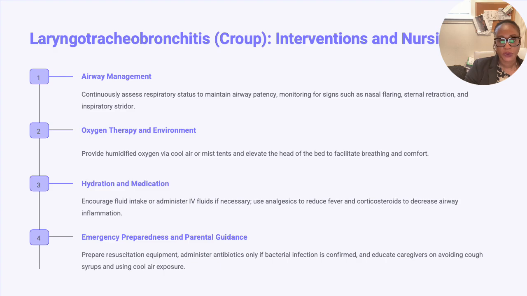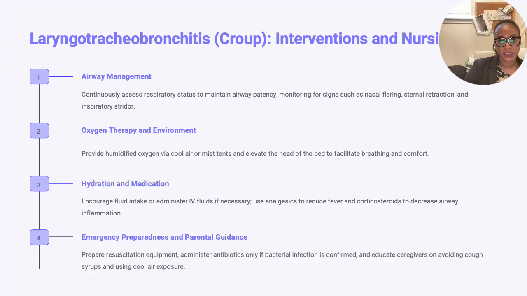We want to elevate the head of the bed and provide rest. We want to provide oxygen therapy, humidified oxygen via cool air or mist tent as prescribed for the hospitalized child. We want to also instruct the parent to use a cool air vaporizer at home.